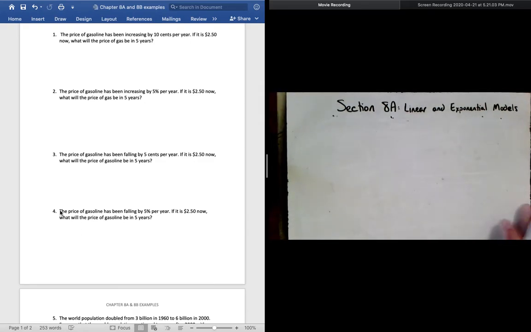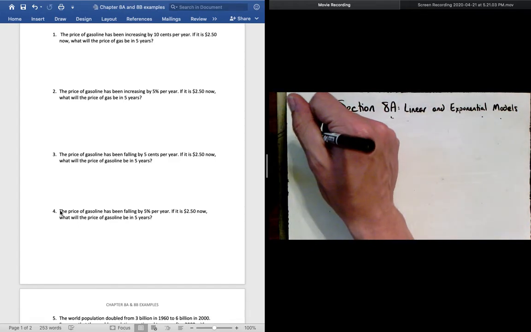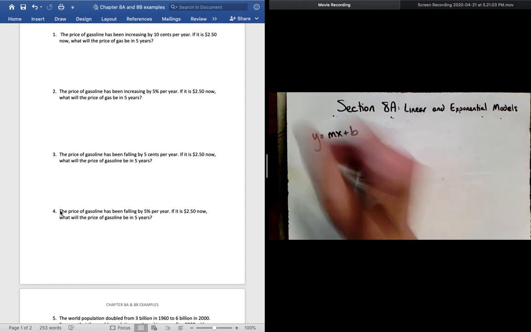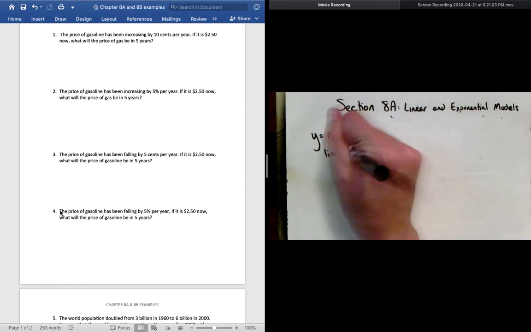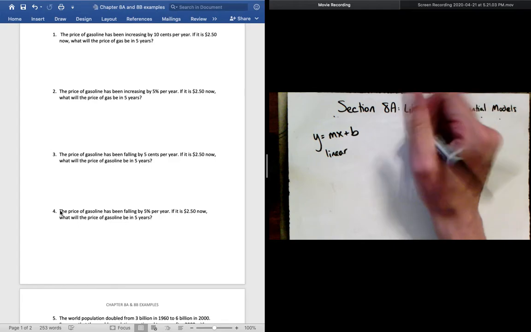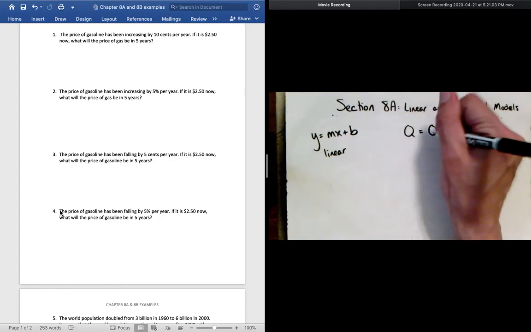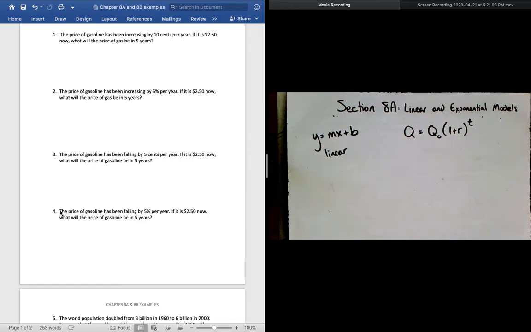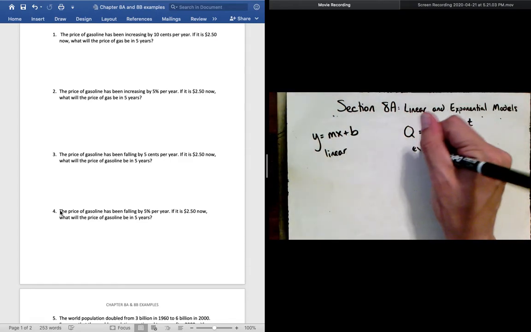So let's start by putting these formulas on the top. Y equals mx plus b. This is our linear case. The new one we're coming up with today. Q is equal to Q naught times 1 plus r to power t. This is the exponential.